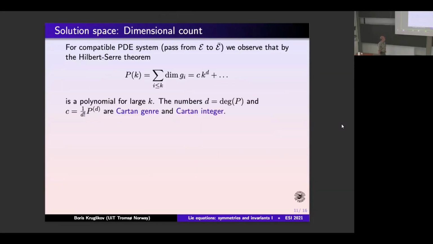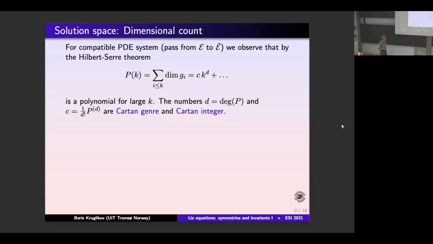Okay, so let me discuss now how we count the dimension of the solution space. We already made the involution test and passed to a compatible system, so that's what I pass from E to E bar. Then we observe the following. If for this system we start counting the dimensions of symbols, you take the sum of all these dimensions up to k, then this grows as a polynomial in k.